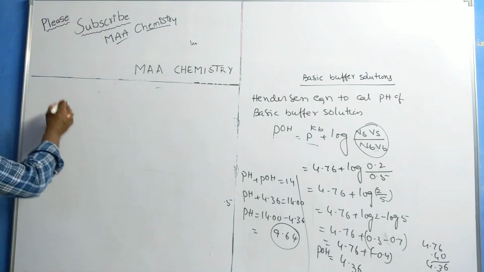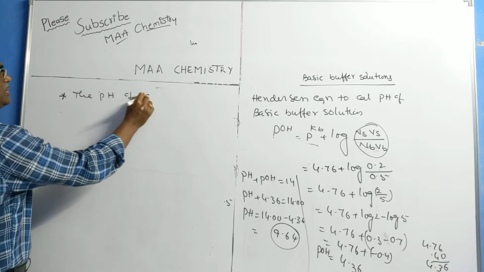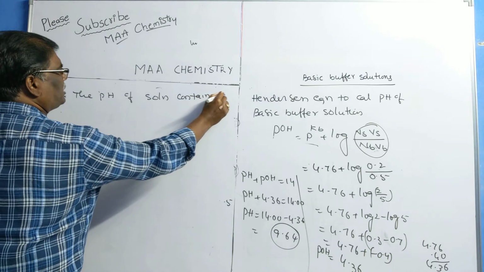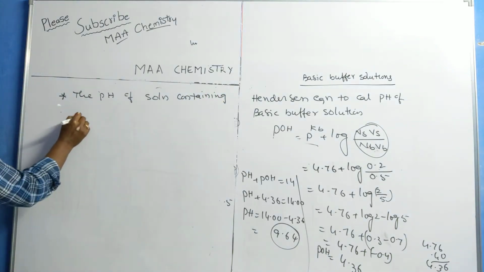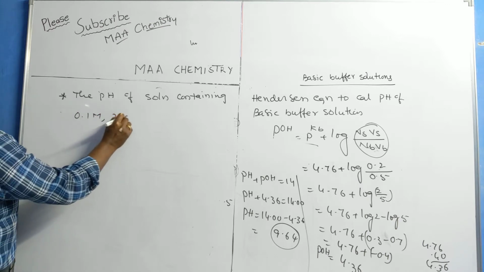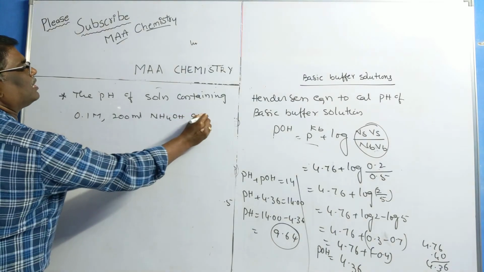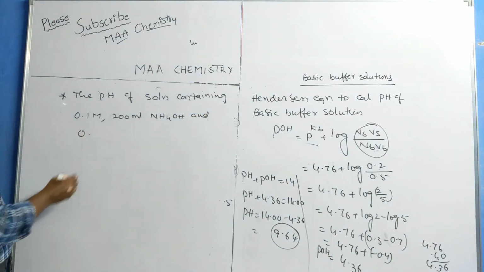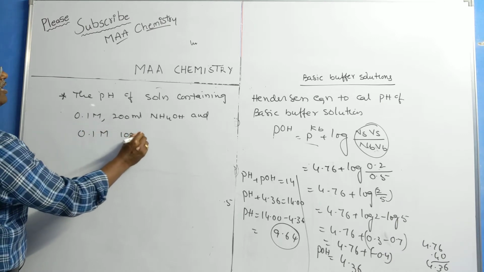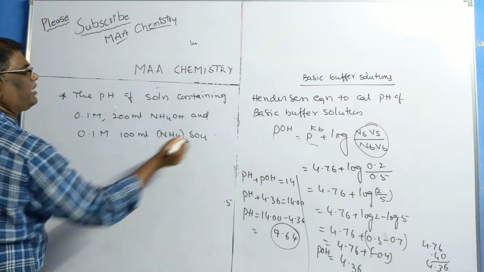The next question we have is one more question. The pH of a solution containing 0.1 molar 200 ml of ammonium hydroxide and 0.1 molar 100 ml of ammonium sulfate.